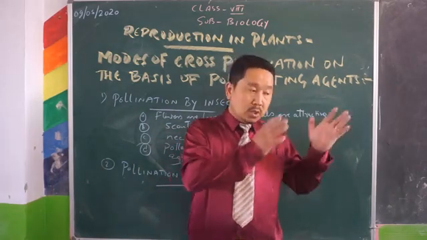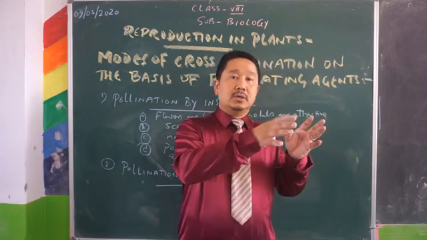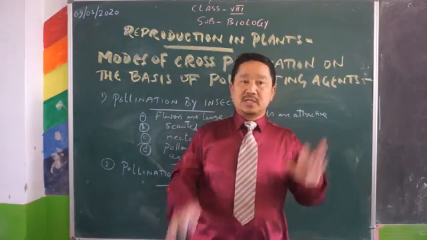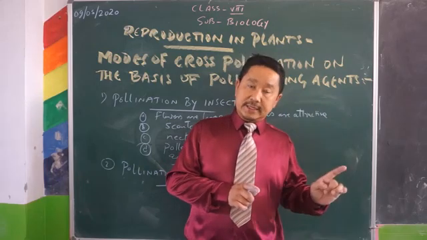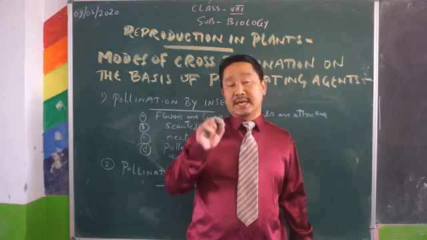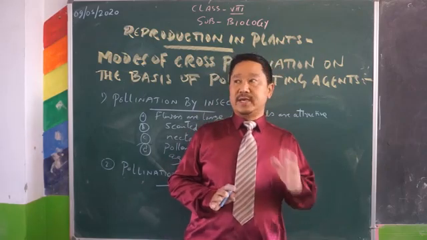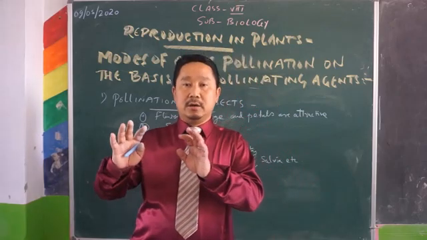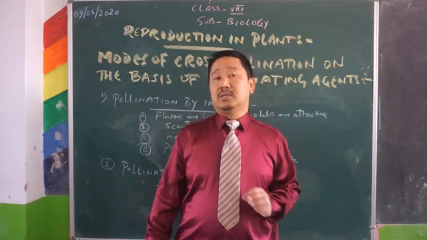How come these flowers are suitable for the cross pollination by wind? What are the properties they have so that cross pollination is possible by wind? They also have some properties which make them able to give their pollen grains from anther to stigma by some agents, especially by the wind.